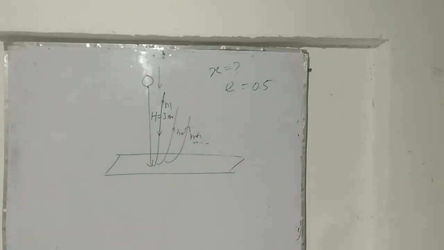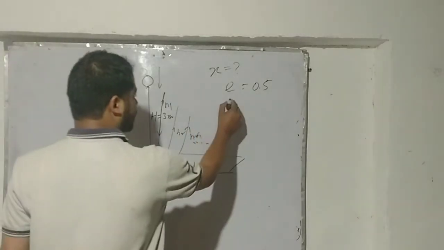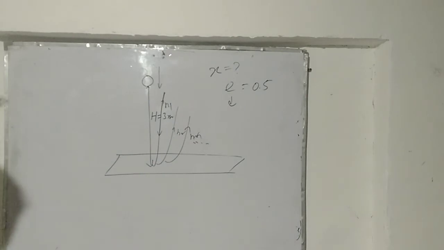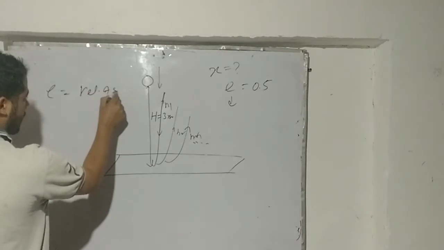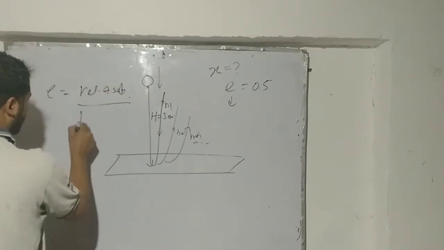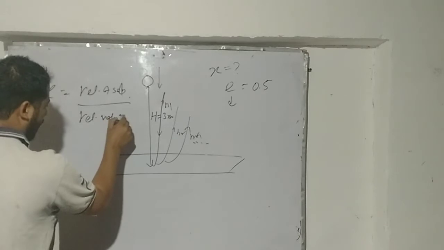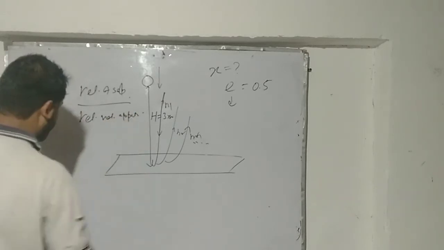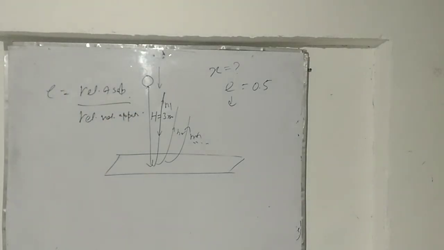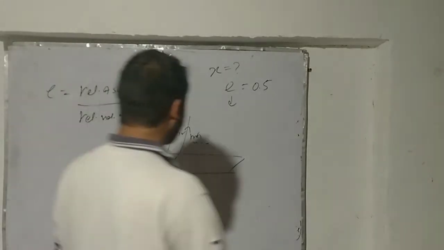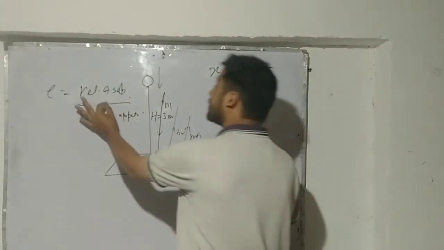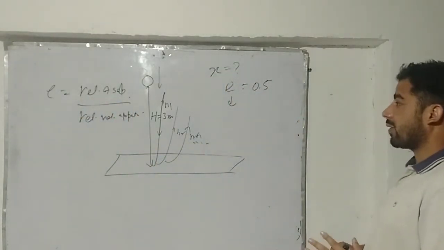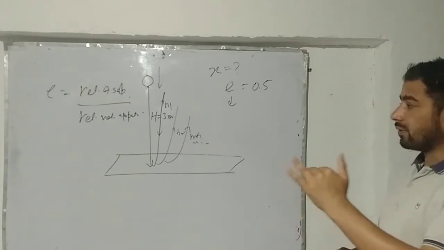In order to solve this problem, I will use the definition of the coefficient of restitution. As we know, the coefficient of restitution is defined as the relative velocity of separation to the relative velocity of approach in a given collision. Indeed, this is a very important ratio when we talk about the type of collision.